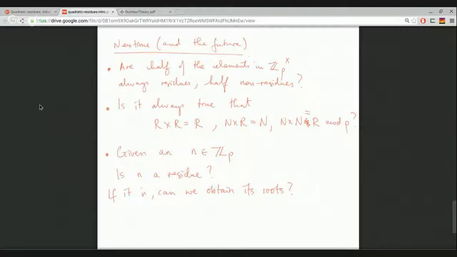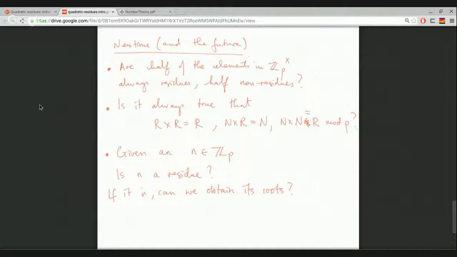Now remember, residues are the things that have square roots. Non-residues are the things that don't. If you think back to the real number case, positive real numbers are the ones that have square roots, the negative numbers are the ones that don't. And in the real numbers, you have this same multiplicative structure.